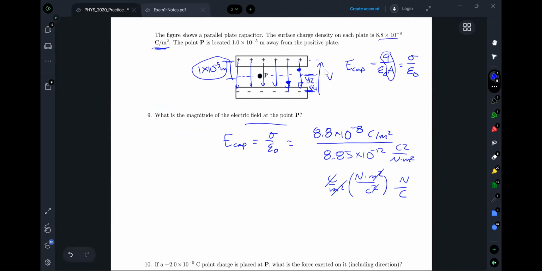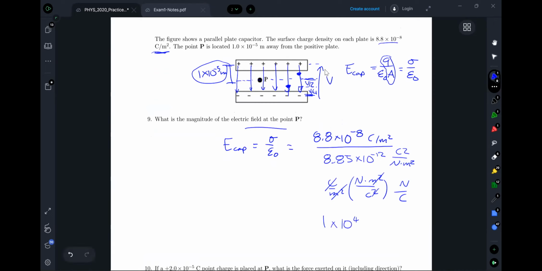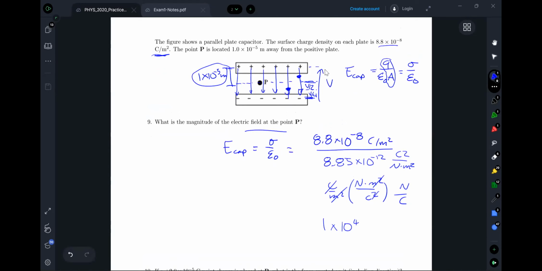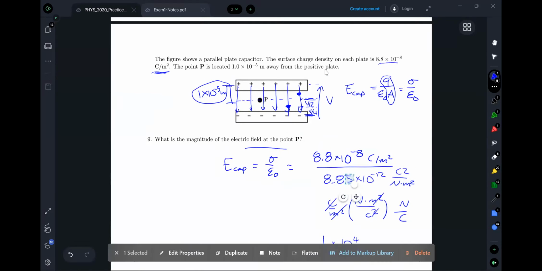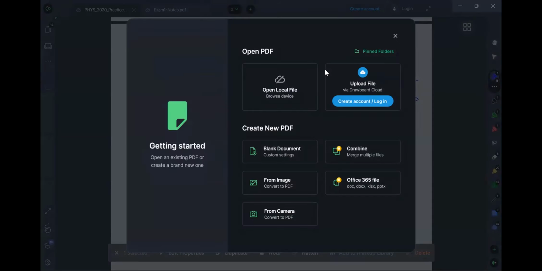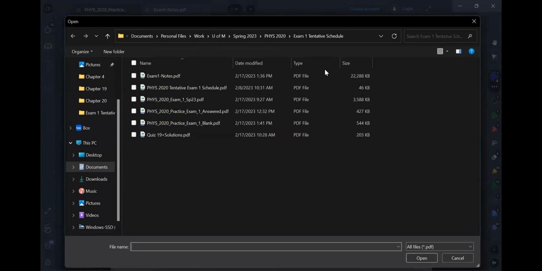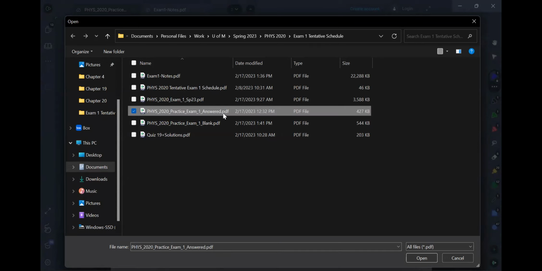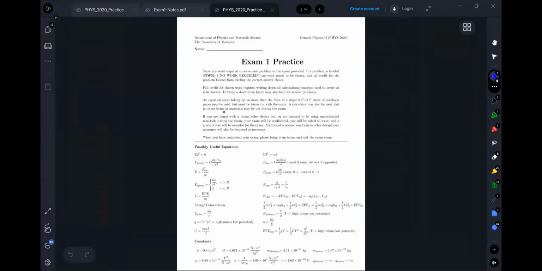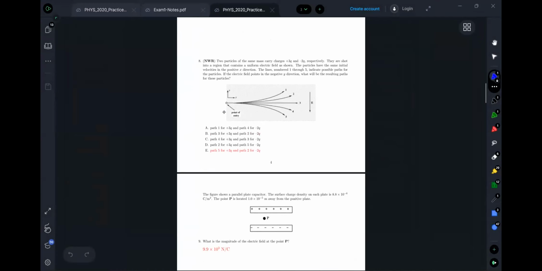So doing some mental math here, I think that's a 10 to the 4 minus negative 12. So something like 1 times 10 to the 4. That 5 makes it not quite right, but something along those lines. And I can open this one up, see if I'm close.